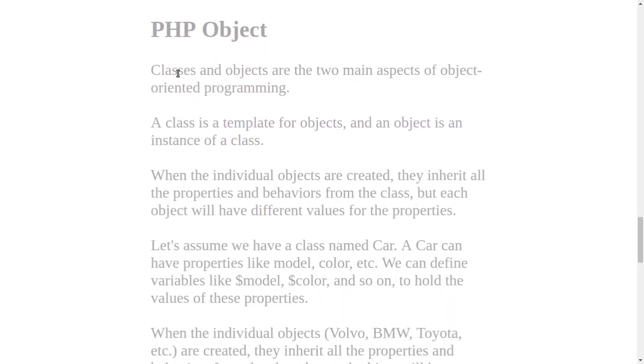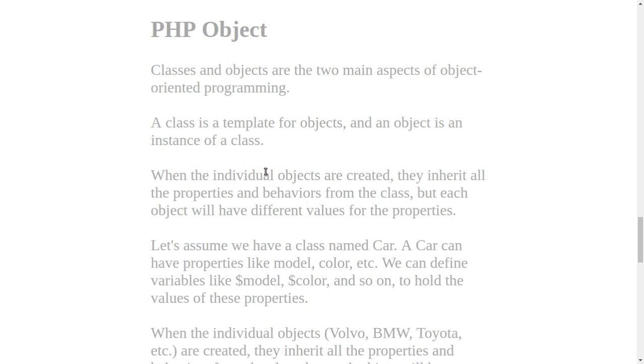PHP object. Classes and objects are the two main aspects of object-oriented programming. A class is a template for objects. An object is an instance of a class.